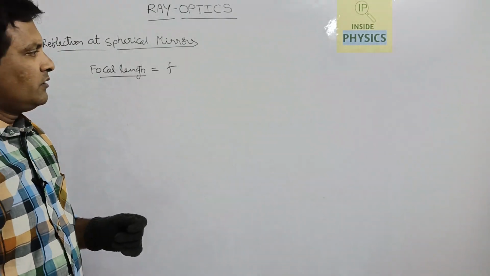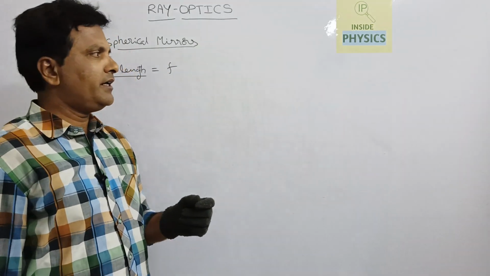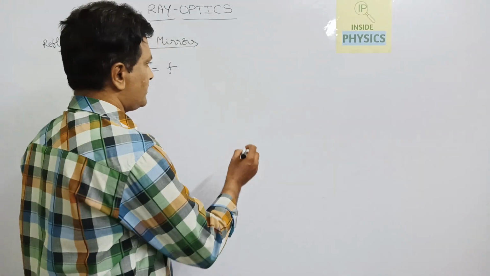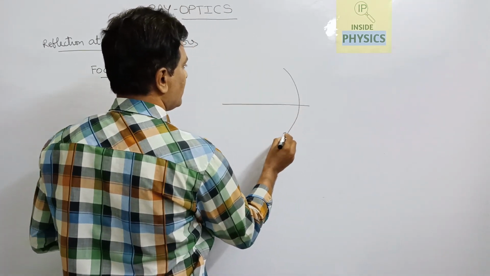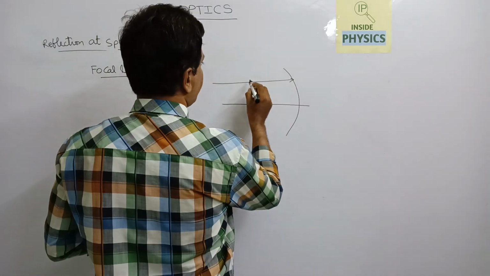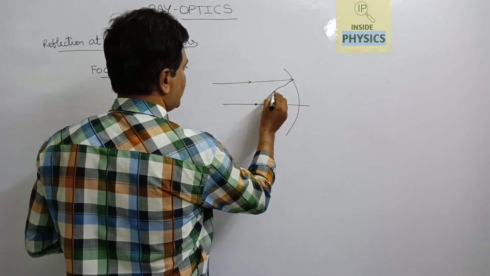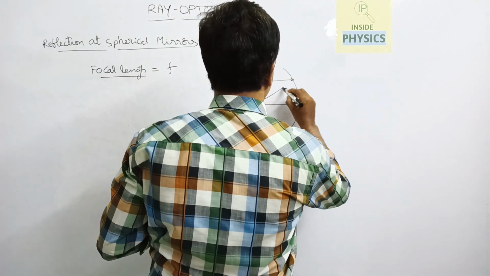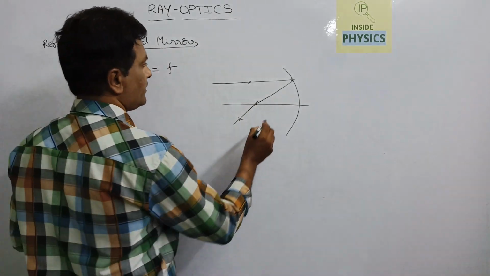So here, what is the focus? Focus means it is a point where all the incident rays coming parallel to the principal axis meet. We will see what the focus is for a concave mirror. Whenever there are incident light rays coming parallel to the principal axis, all these rays will be reflecting back, passing through a fixed point.